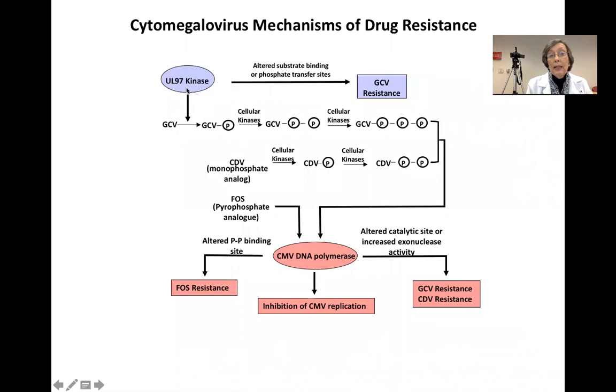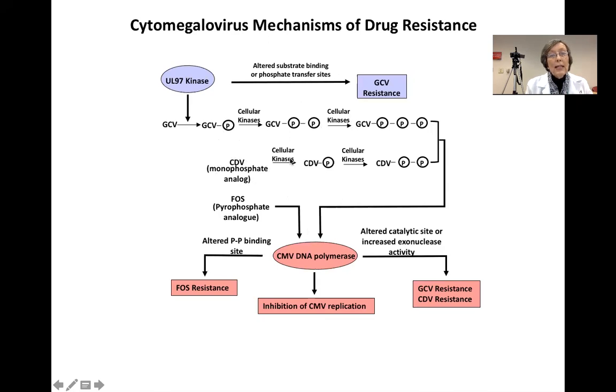Should there be a mutation in the UL97 kinase such that it no longer recognizes ganciclovir, then you're going to get drug resistance. Once it's phosphorylated, then cellular kinases are going to add the next two phosphates. And then it's going to come down here and interact with the CMV DNA polymerase and lead to inhibition of CMV replication.